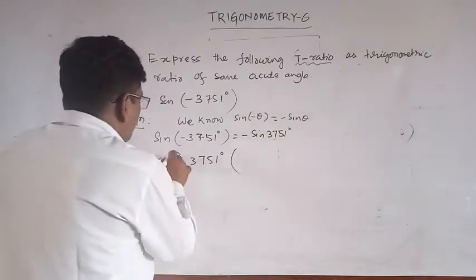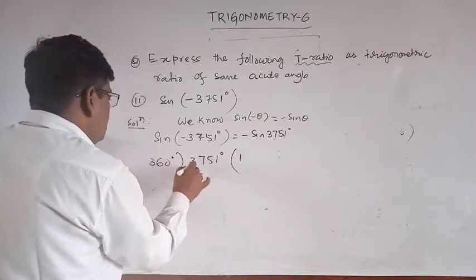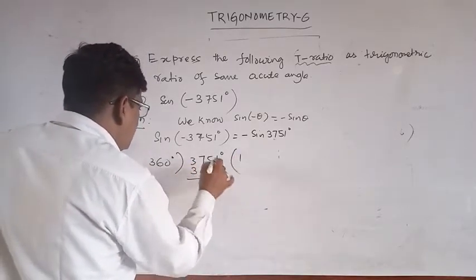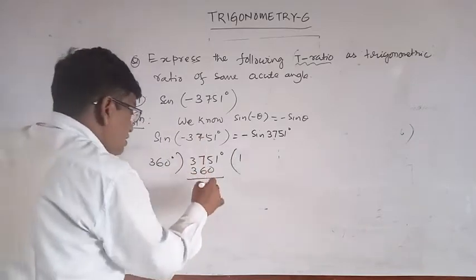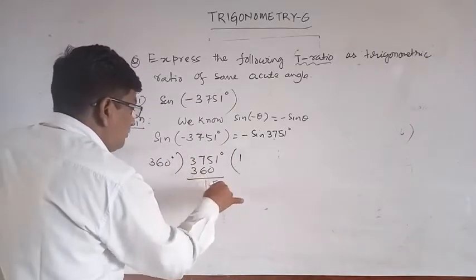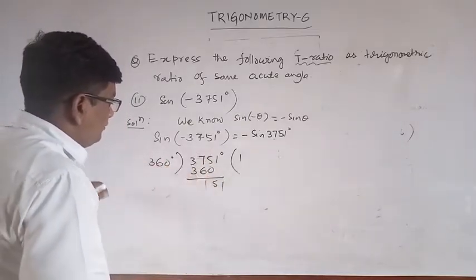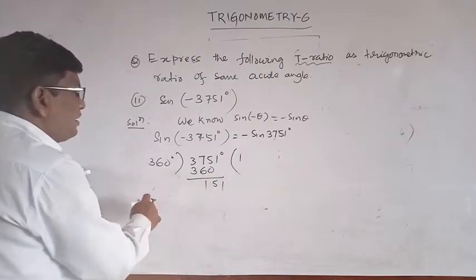Okay. So what happens here? 360 ones are 360, and this is 5, and this is 1, and this is 1. Okay. 151.